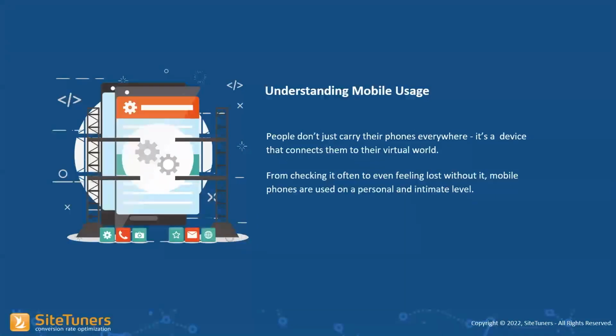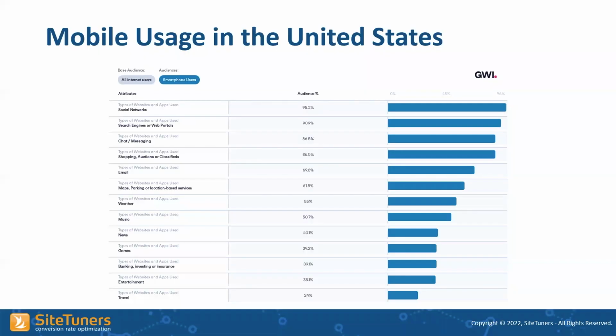So with that in mind, in looking at some statistics, and I look at mobile usage in the United States, this is what did people do in the last 4 weeks, in the last month. What did they use their mobile for? And number one was social networks. Okay.